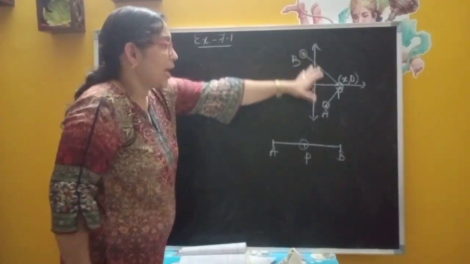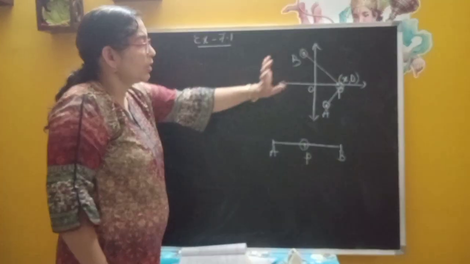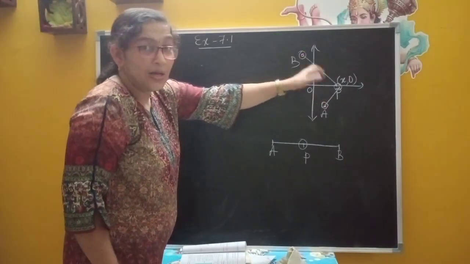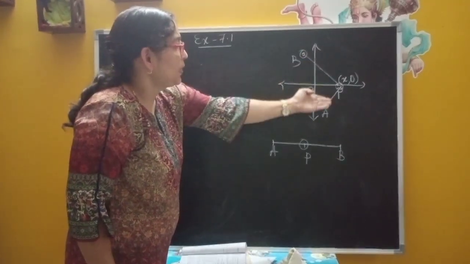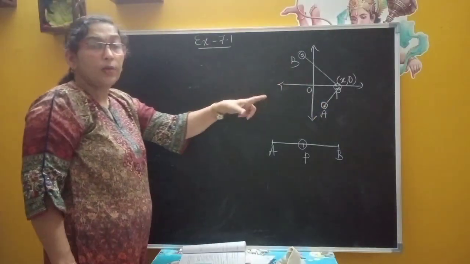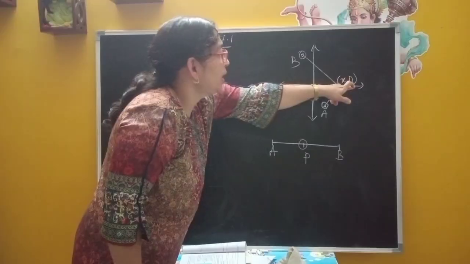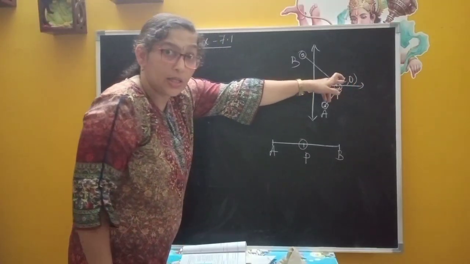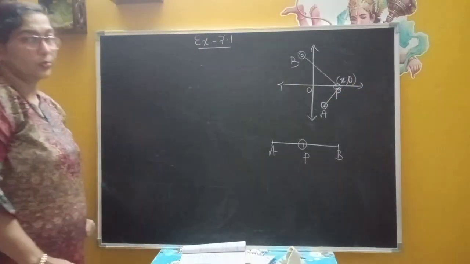So here I have just drawn. So we cannot say absolutely in this figure that they are not equal, that AP and BP are not equal. But according to the problem, they are equal. So x is on the x-axis somewhere. So let us find that now.